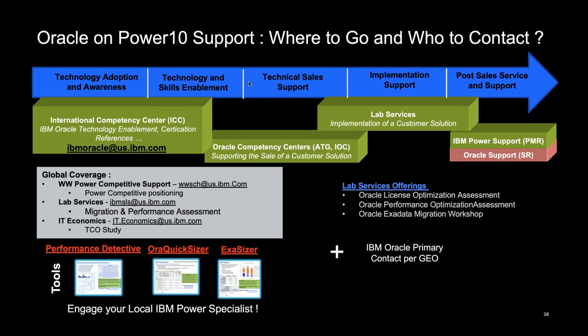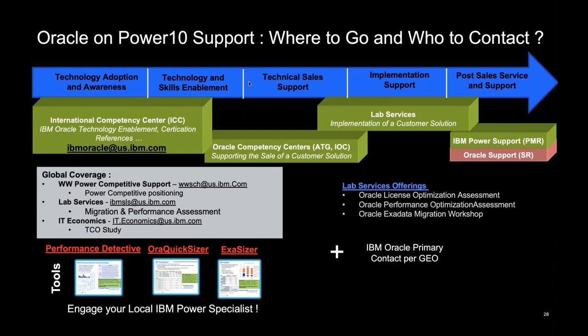Many people ask us what our support coverage is. These are the groups that you go to engage your local specialist in a pre-sales. The tools in the lower left of this chart are the ones that can help you prepare what the capacities you would need on a new machine are. These let you get prepared and do the analysis that we did based on the RPERF numbers, perhaps with more accuracy and more specific to your workloads.